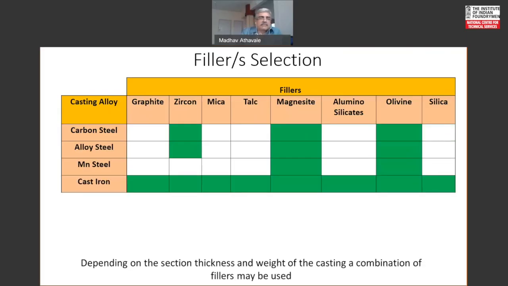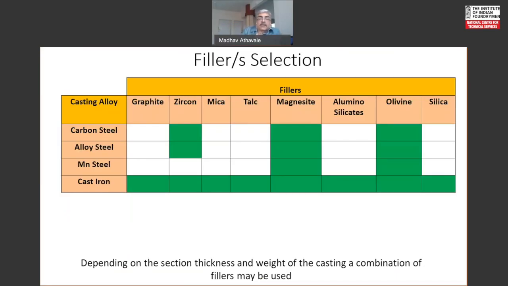For cast iron, a combination of all of these fillers gets used depending on what the end application is, what results you are looking at. As an example, a very broad classification: if you are going to produce a very large iron casting where the head height is more, then a combination of graphite plus zircon is what will be used for that coating.